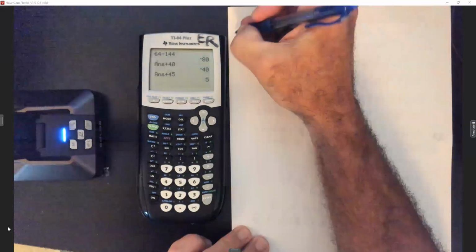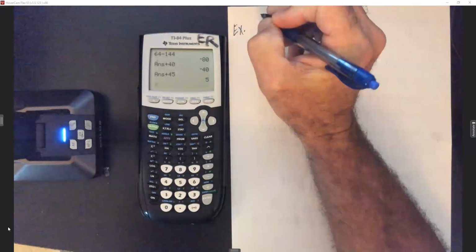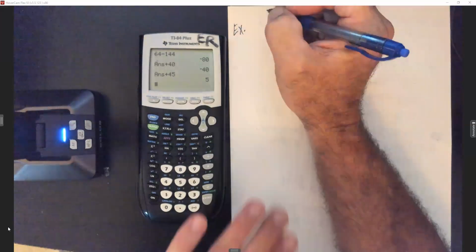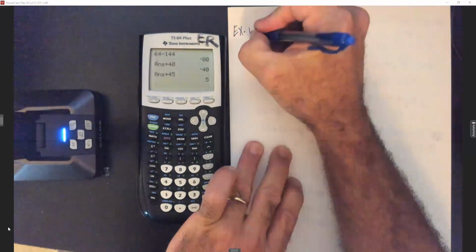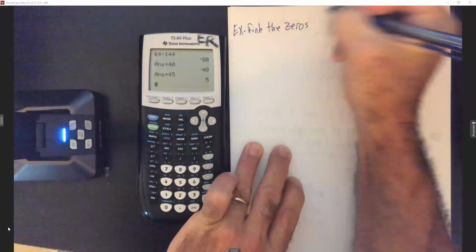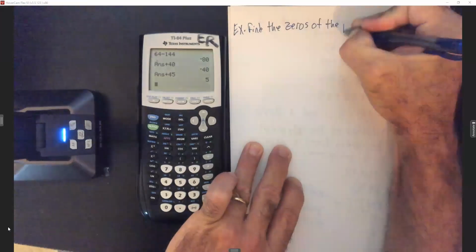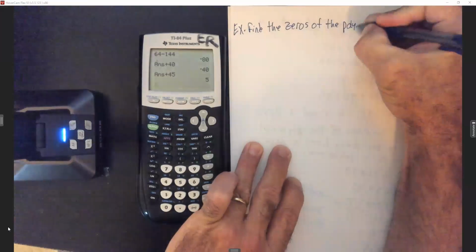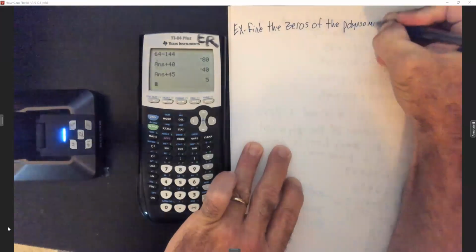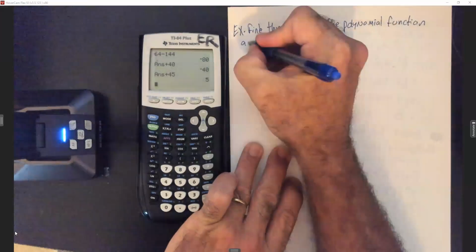All righty, so you know the questions are about to hit us with some of this multiplicity on them, okay? So find the zeros of the polynomial function and state the multiplicities of each.